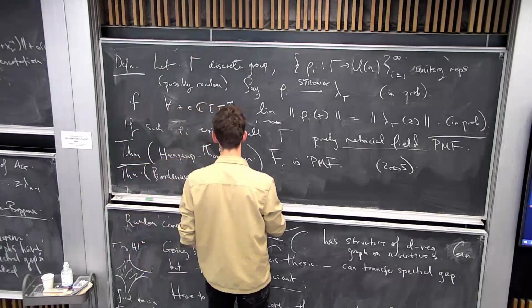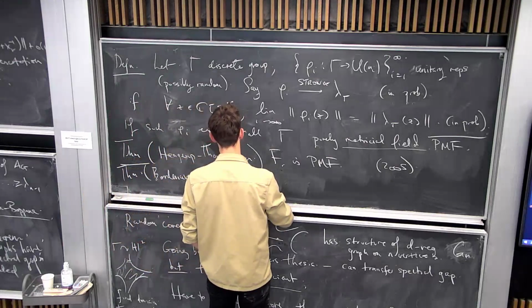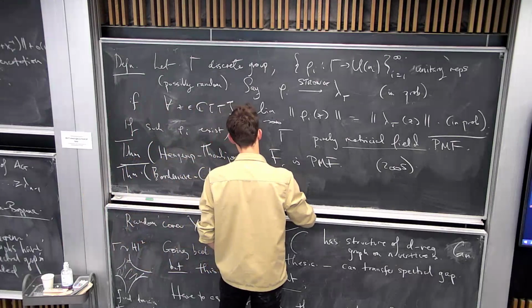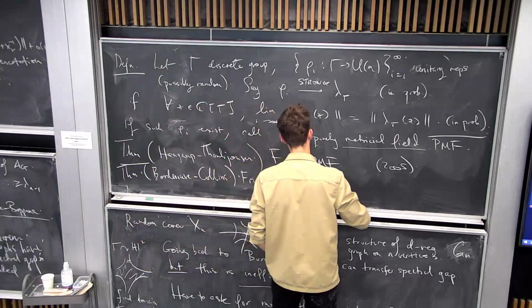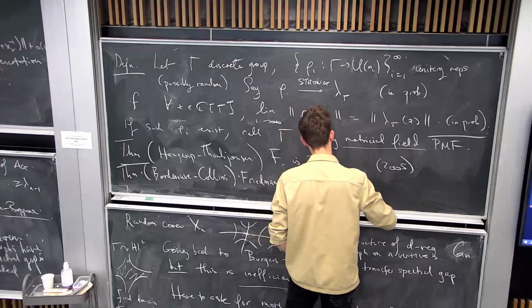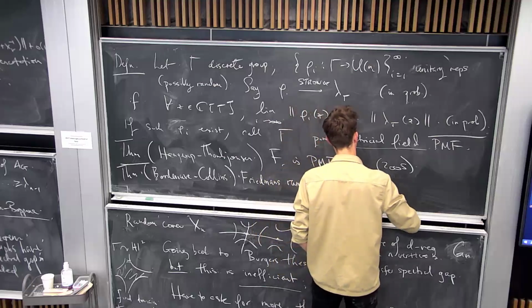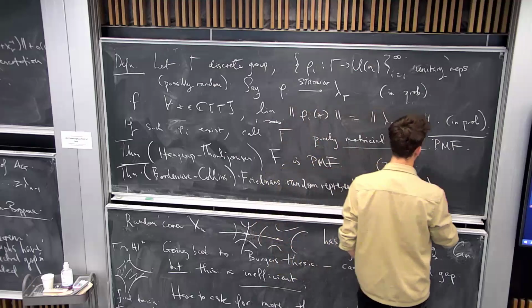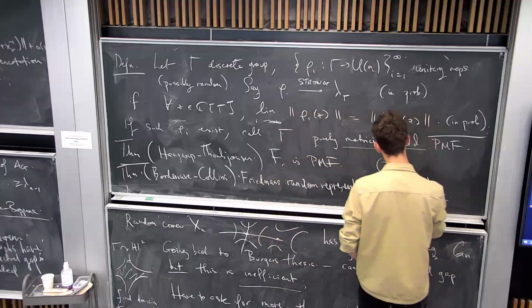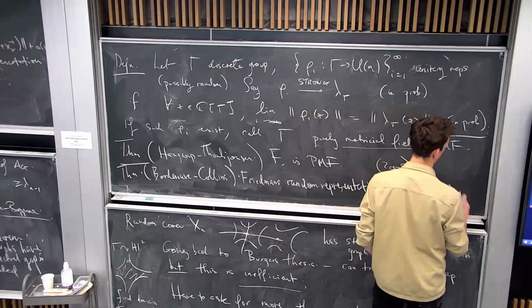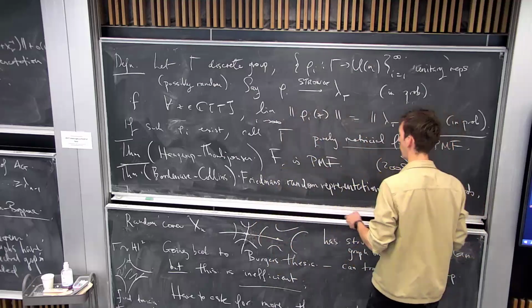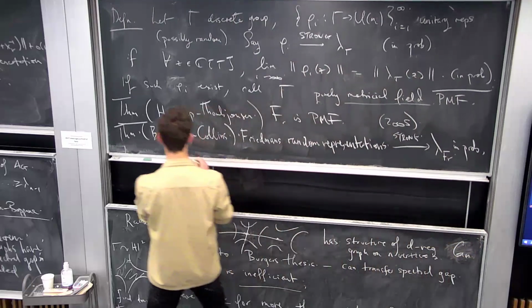It says that Friedman's random representations, exactly the ones on that board, strongly converge to the regular representation of the free group in probability. So this is the input to my theorem with Will.